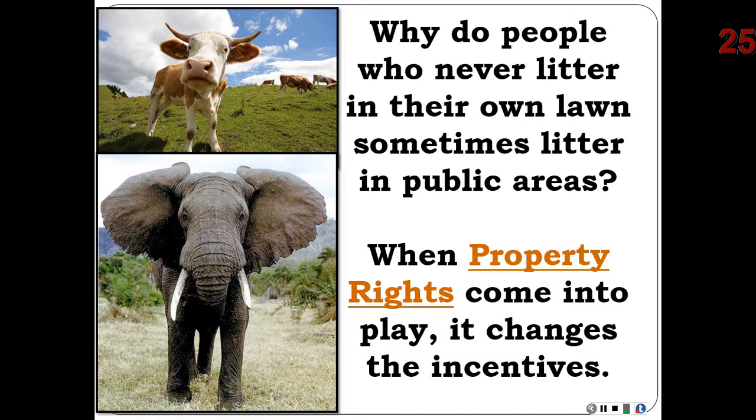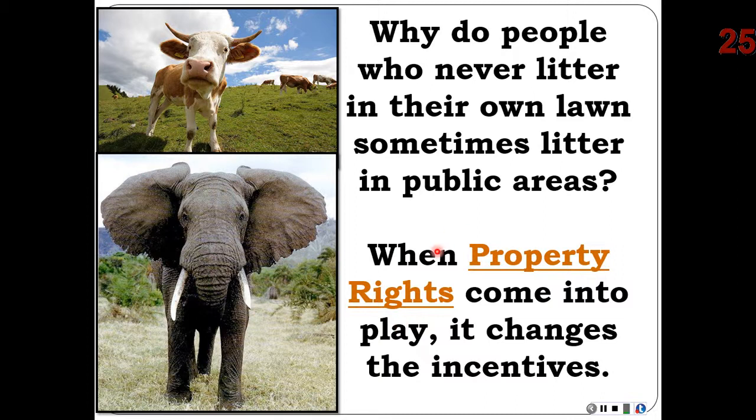And so because of establishing property rights, this common resource has been turned into a private good and has fixed the tragedy of the commons. So really that's the key here with common resources: what we would like public policy to do is establish property rights.